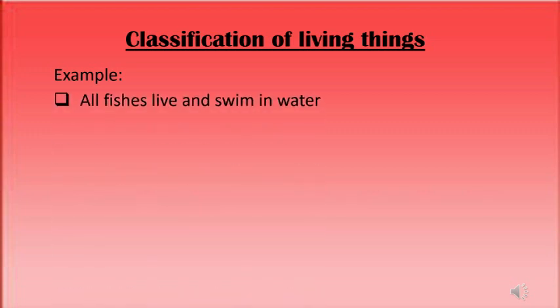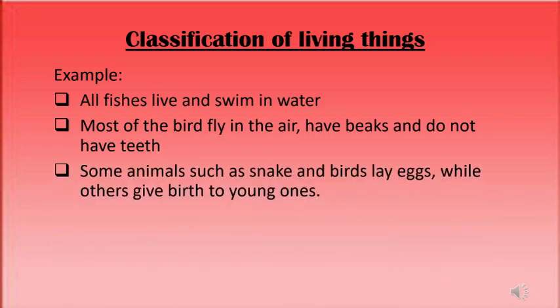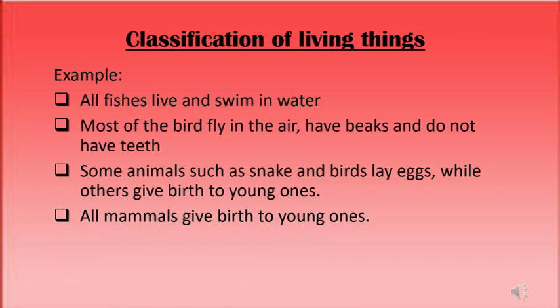As we all know, all fishes live and swim in the water. Most of the birds fly in the air, have beaks, and do not have teeth. Some animals, such as snakes and birds, lay eggs, while others give birth to young ones. All mammals give birth to young ones. These are some examples of classification of living things.